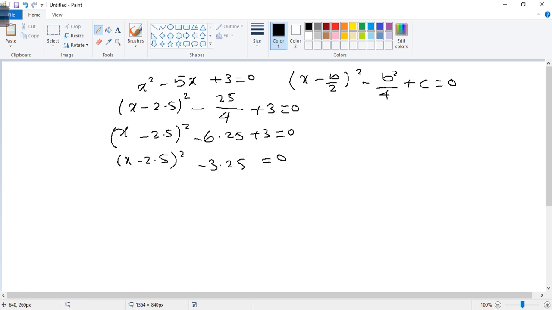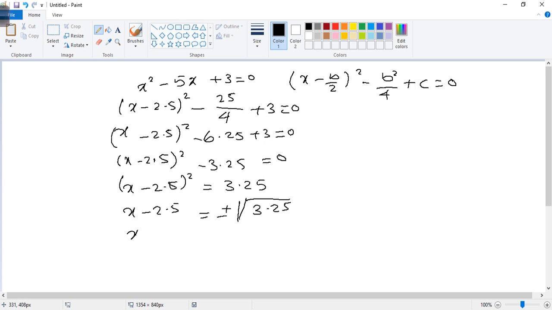Minus 3.25, take it to the other side. x minus 2.5 squared equals 3.25. We square root both sides, then x minus 2.5 equals plus minus the square root of 3.25. Minus 2.5, move it to the right hand side, so x equals 2.5 plus minus the square root of 3.25.